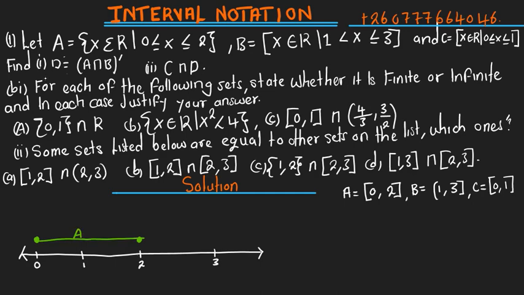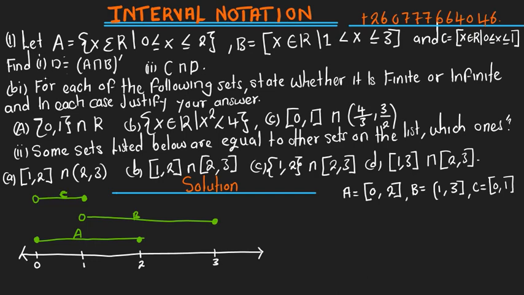We can name it A. The second one will be coming from 1, where there is an open circle, up to 3, with a closed circle there. We can name it B. Then C is coming from 0 up to 1. So C is this set from 0 up to 1.